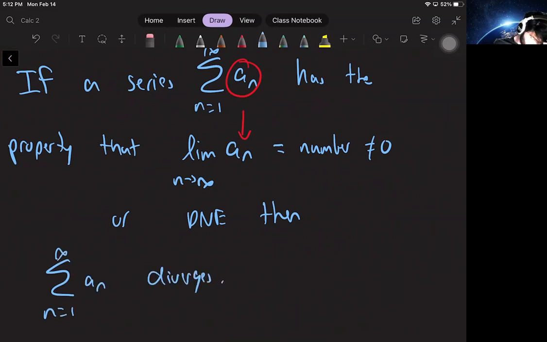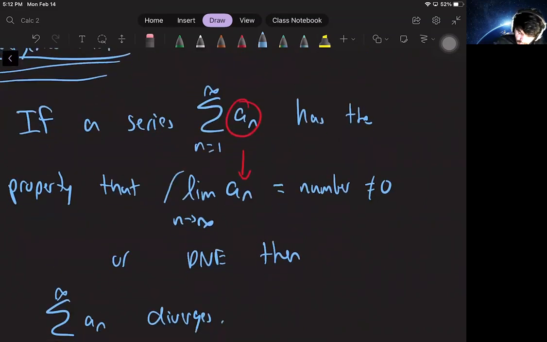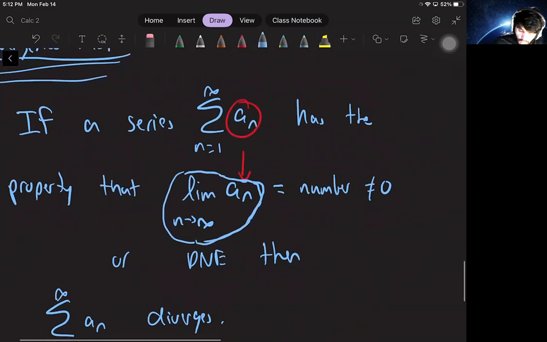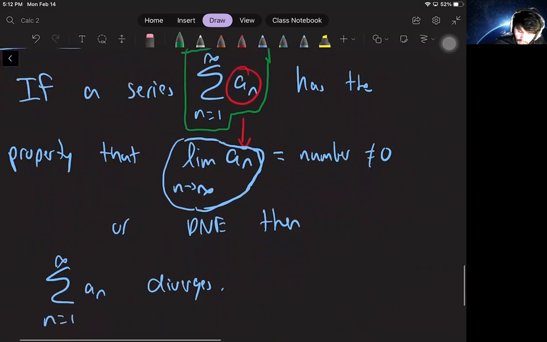So what's the intuition? Well, the intuition is if these guys don't even shrink to 0, then there's no way that when you add them up, they could possibly add up to a finite number because they're not shrinking to 0. So then you're just going to be adding a bunch of like whole numbers or something that just add up more and more and add up to infinity.